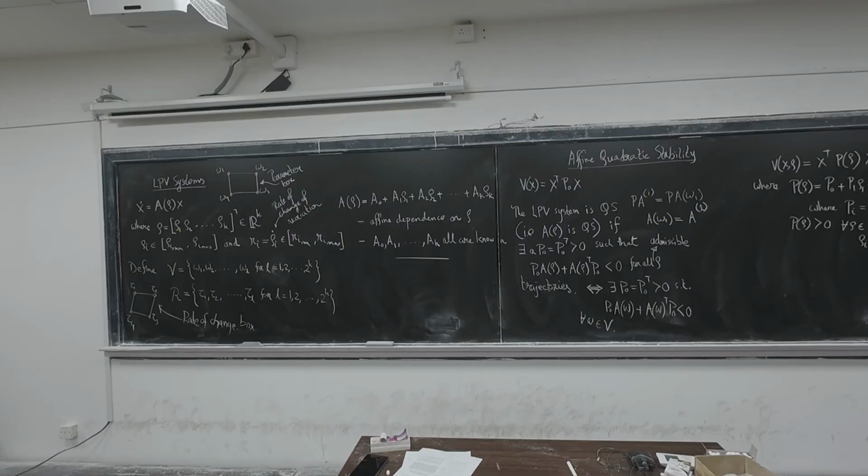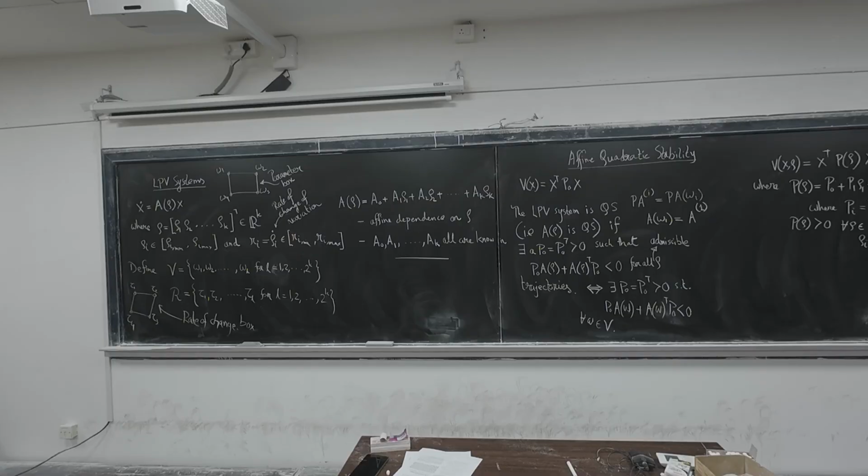Fine. Now, what about quadratic stability? Think about it: if P is now replaced by P of rho, you no longer have only P0. You have K plus 1 matrices. Earlier you had only P0, now P0, P1, P2 up to Pk, so K plus 1 variables.